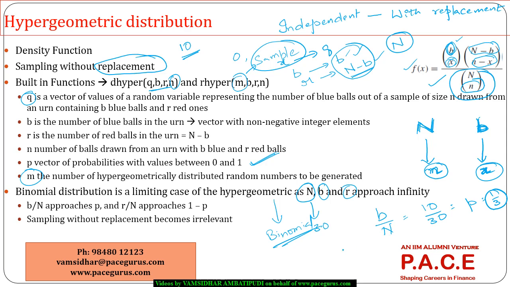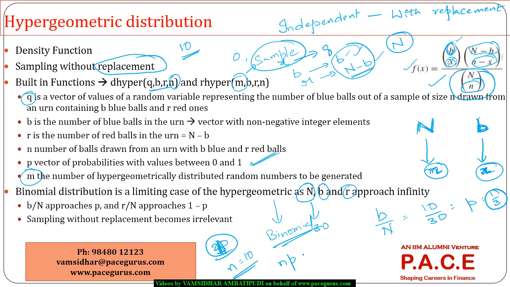If I take P as 1 by 3, then R by N is 1 minus P. And N is 30. Small n, the sample size, is 10.